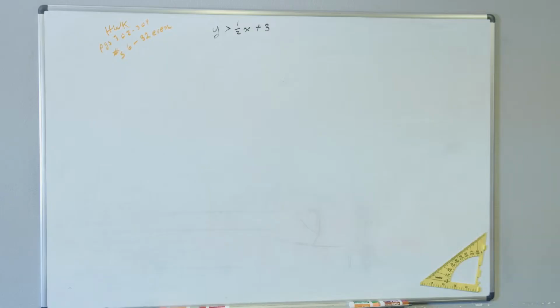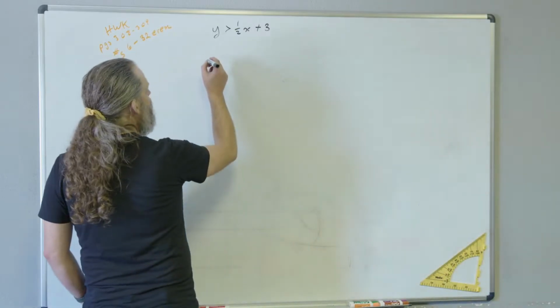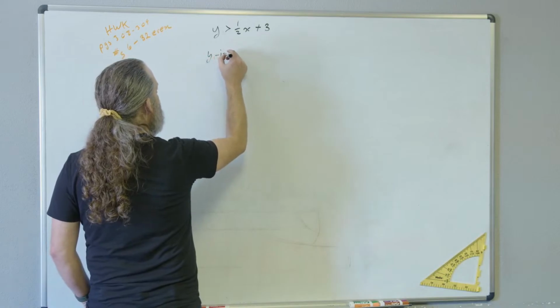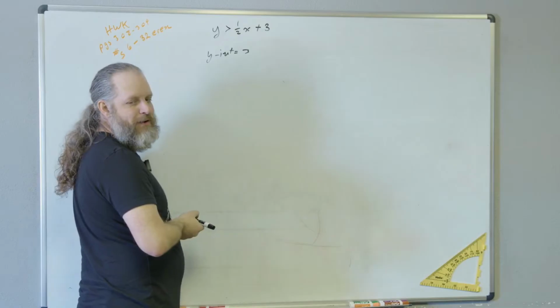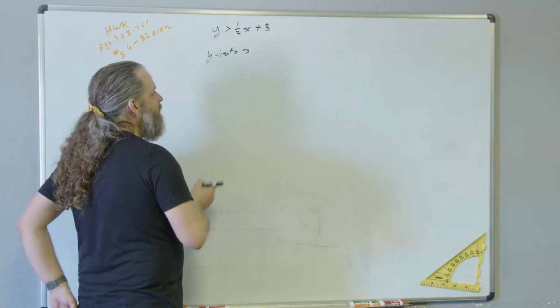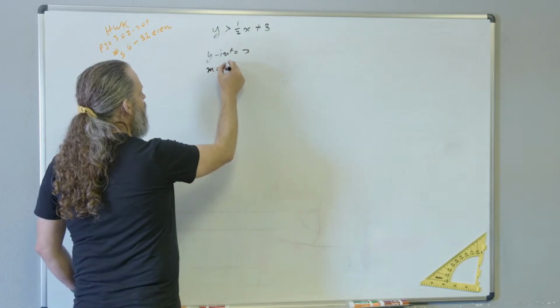Except for the equals, right? If it was an equals, then yes. What's the slope and the intercept? The y-intercept is 3. 1/2 is the rise over run, which is the slope. True enough.